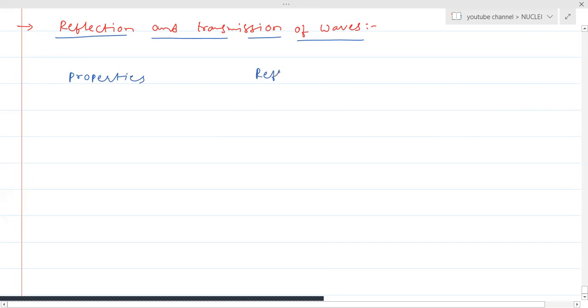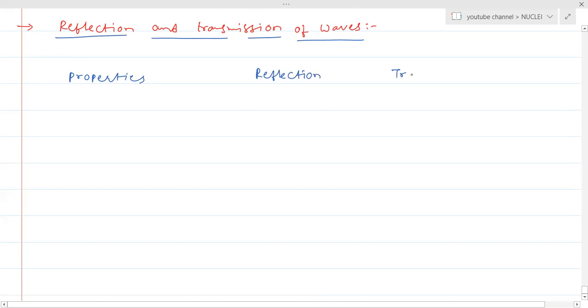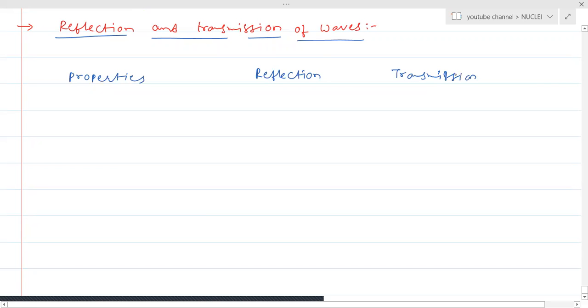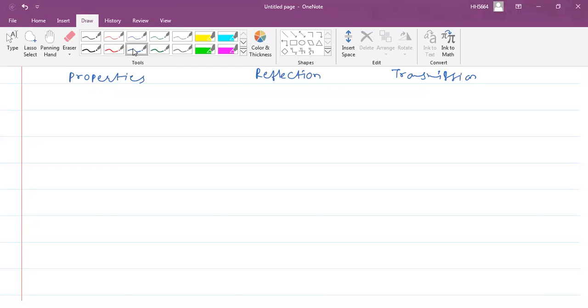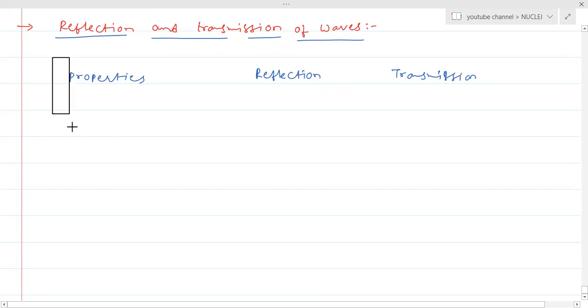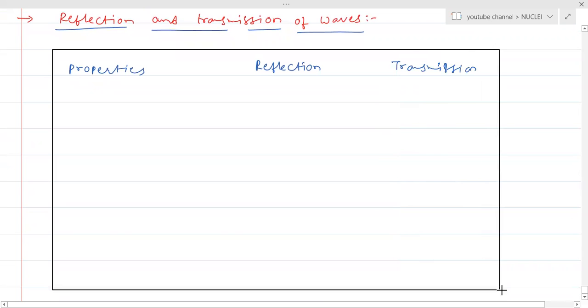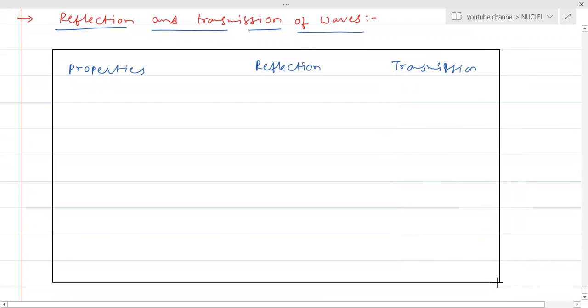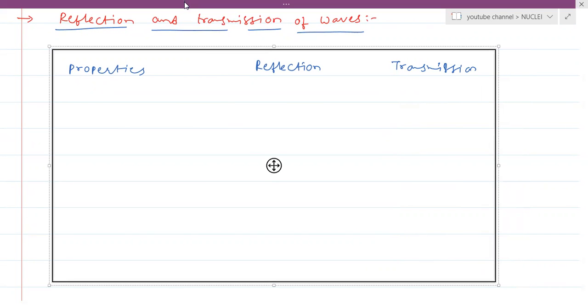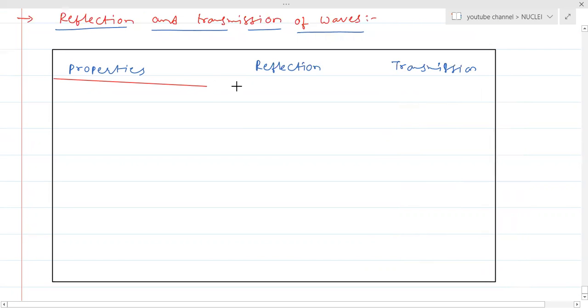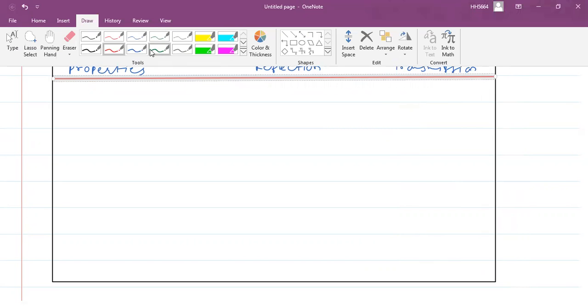Generally, in the case of reflection, what happens to the nature of that property? And in the case of transmission, what happens to the property? We will discuss right now. To understand it properly, we are taking a tabular form.